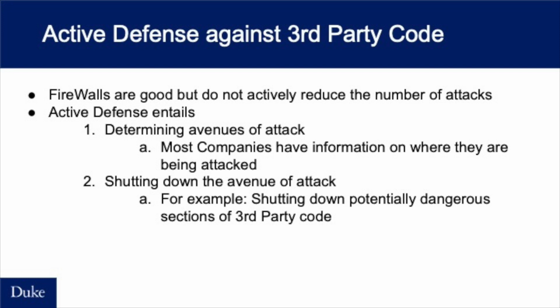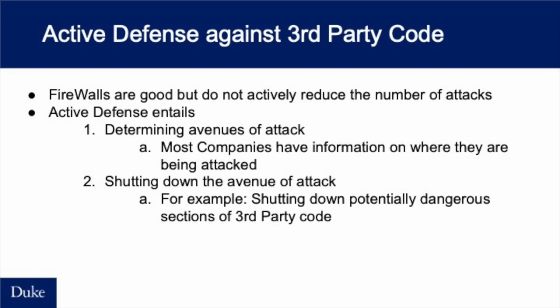Firewalls and protection are good and stop some attacks, but they don't actively reduce the number of attacks. In using a sort of active defense, we can get back at the people who are constantly attacking us. It's defending yourself by going back into a space where the attack is coming from and stopping that.